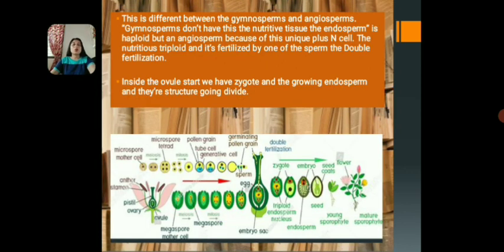This is the difference between the gymnosperm and the angiosperm. Gymnosperms don't have this nutritive tissue, the endosperm. It's haploid, but in an angiosperm, because of this unique N plus N cell, the nutritive tissue is triploid, and it's fertilized by one of the sperm, the double fertilization. So inside the ovule, we have the zygote and the growing endosperm, and they're going to divide.